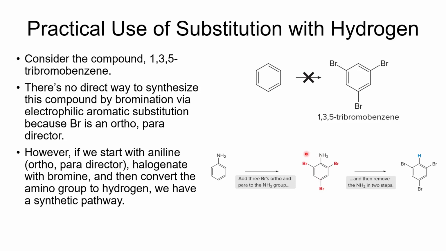And then we could use that sequence of reactions where we convert this aniline into a diazonium and treat it with the hypophosphorus acid, and that would give us this compound. Isn't that clever? I think that's extremely clever use of that kind of chemistry.